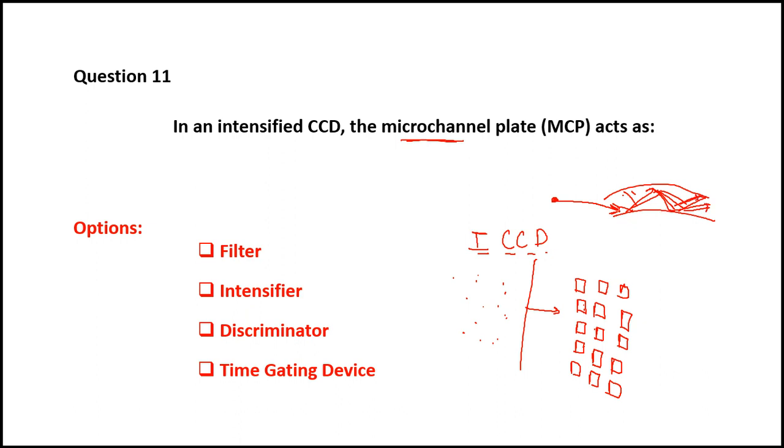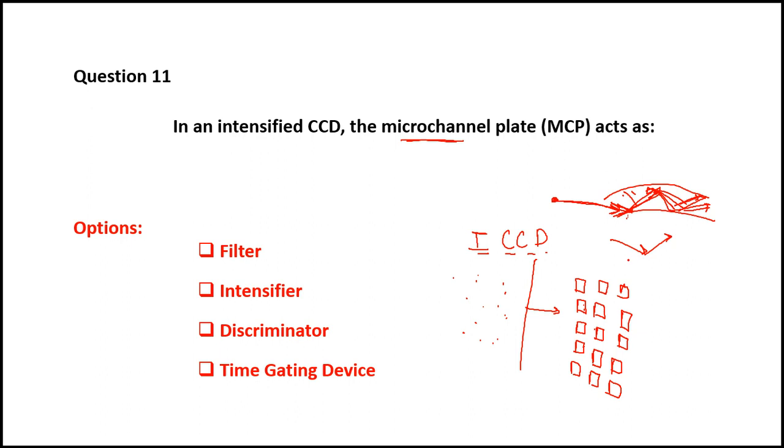So in this system, suppose you incident one photon in this microchannel plate. Then since it has a smaller diameter, this again gets reflected within the plate itself to somewhere here, say from here it goes to here.